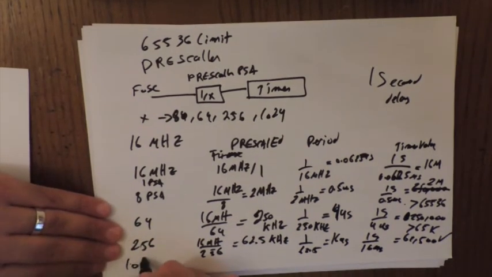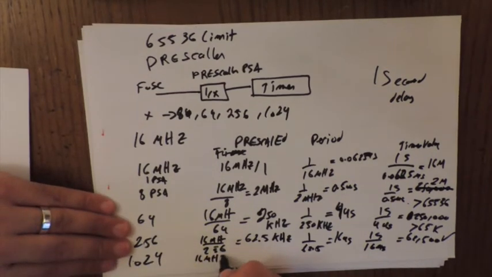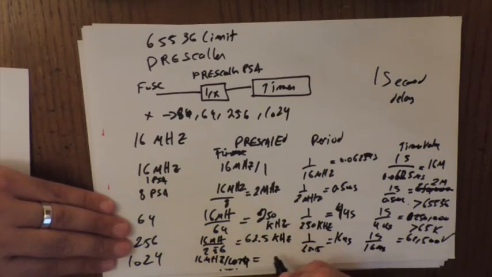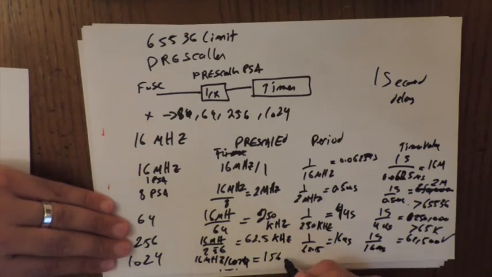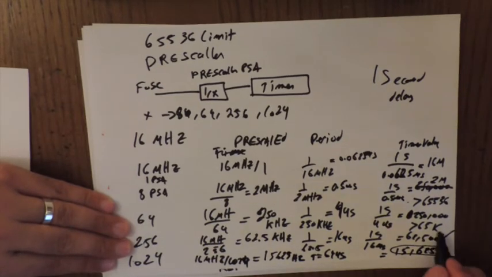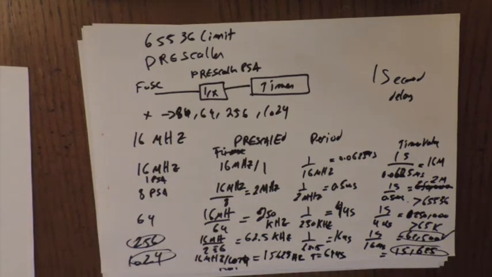And if I use the 1024, 16 megahertz over 1024 is equal to 15,625 hertz. Period will be equal to 64 microseconds, and the value here will be 15,625. So we notice that choosing a prescaler of 256 or 1024 to do a 1 second delay is good.